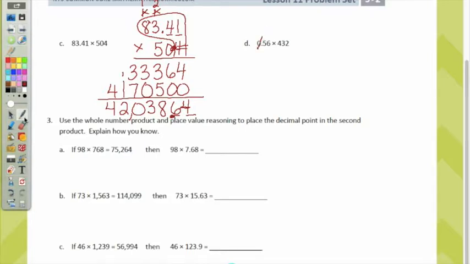No. Probably not unless I want to multiply zeros all the way across. Okay, so we'll write it like this: 432 times 56 hundredths. And if you run across a problem that has a 0 in the ones place, just cross it off or something so you'll know not to multiply it.